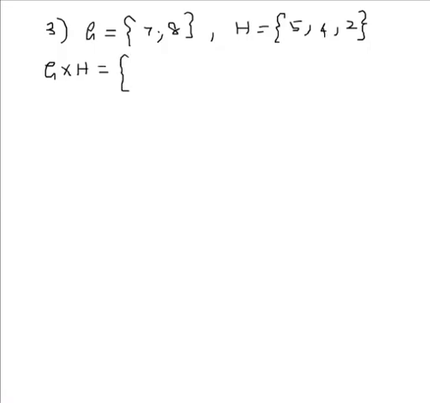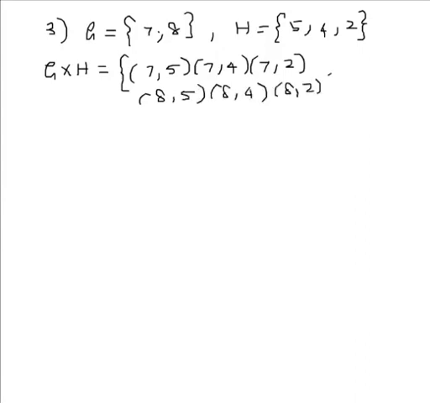Question 3. Set G is given as {7, 8} and H is {5, 4, 2}. Find G cross H. So we have to write the ordered pairs. Go in an orderly manner. So (7,5), (7,4), (7,2), then (8,5), (8,4), (8,2).